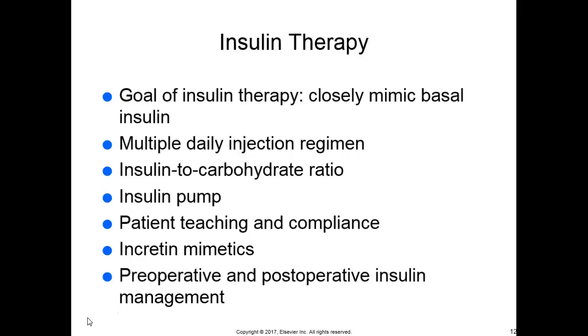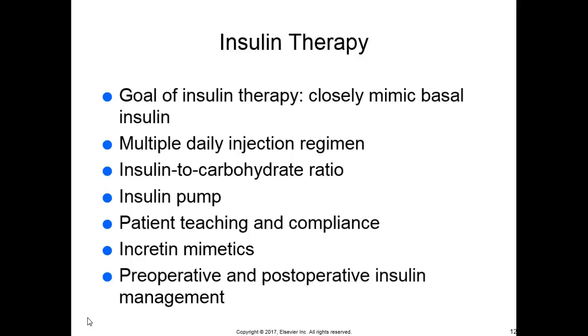If you look at table 37-4, page 867, they have an example of a lunch calculation for carb counting. And if the patient seems to be a candidate for that, then he or she would see a registered dietitian or the diabetic educator to set up that insulin to carbohydrate ratio program.